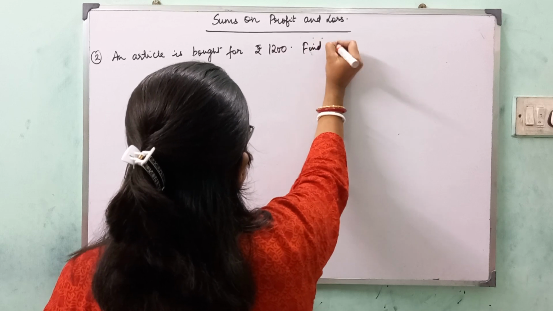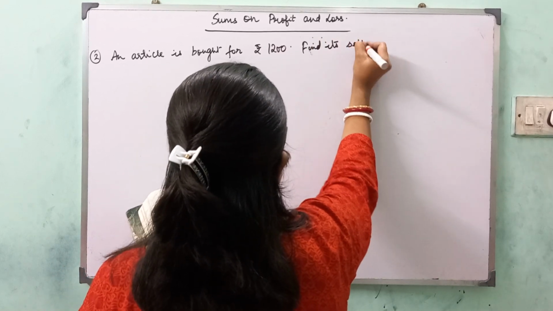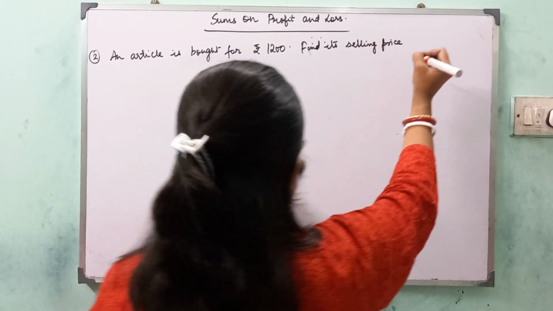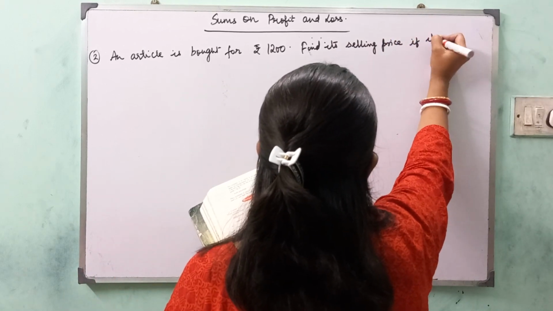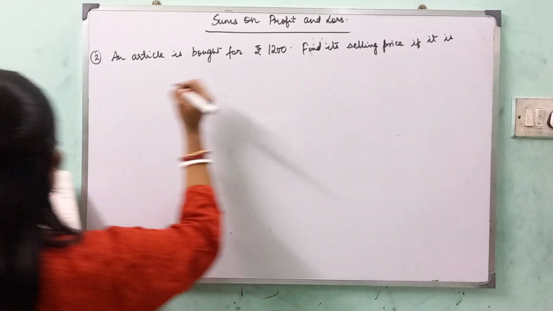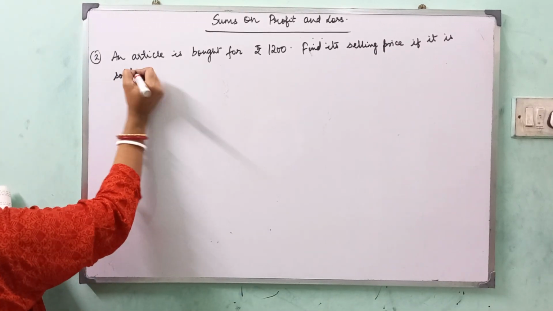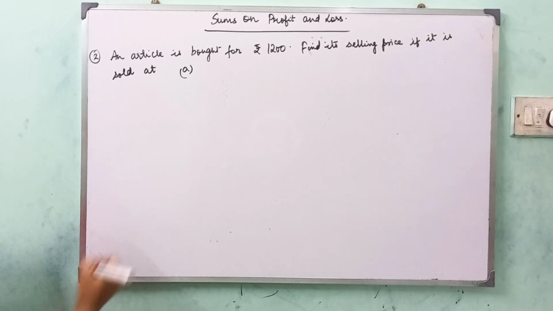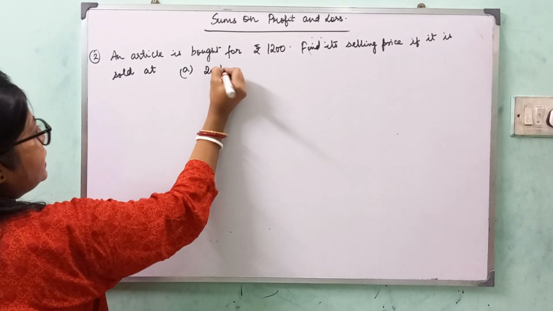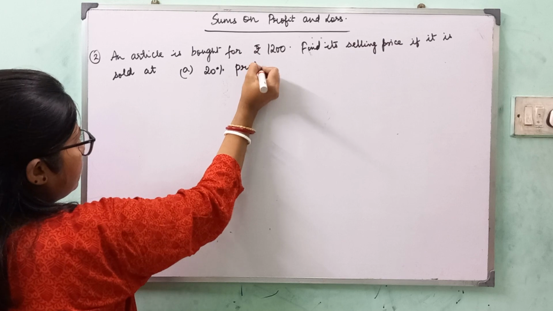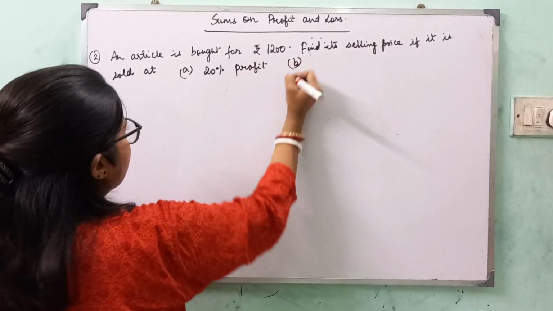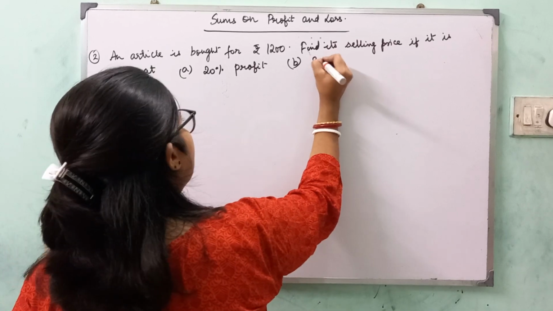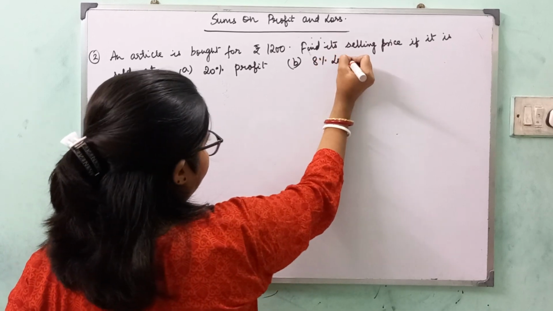Find its selling price if it is sold at, there are two parts I am giving in this question, A, 20% profit, B, let's say 8% loss.